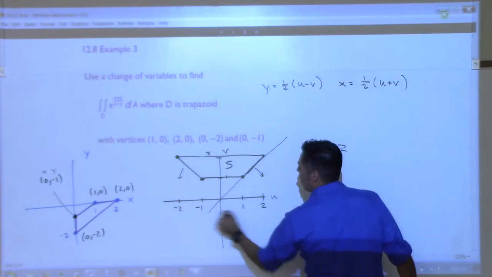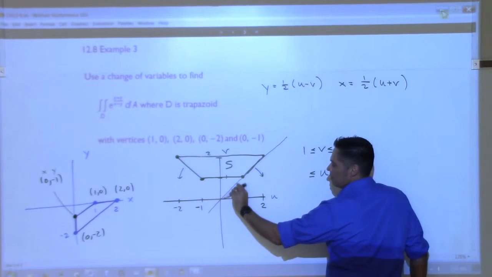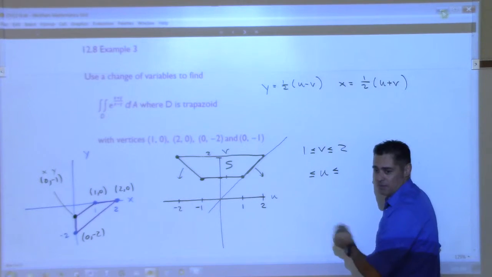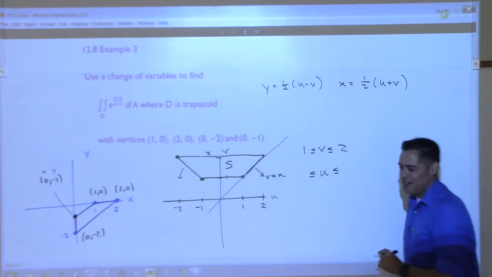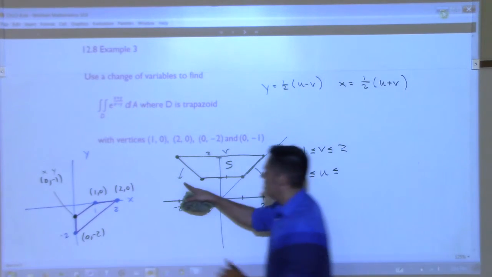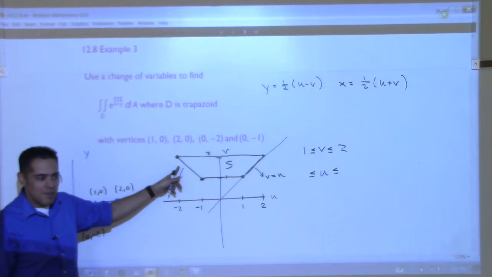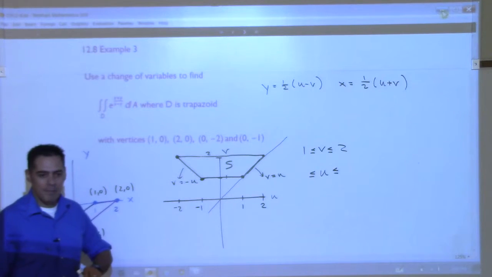That line, what would that line be if it was x and y? It would have a slope of 1, and it would have y-intercept of 0. So that would be y equals x, right? So this is really v equals u, right? And this one over here would be y equals negative x. So for us, it's really v equals negative u, right?